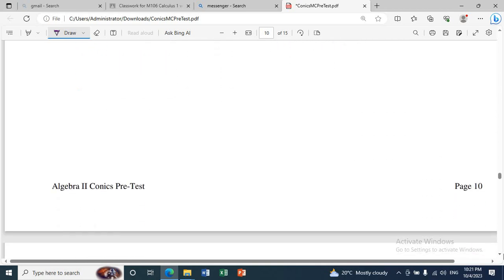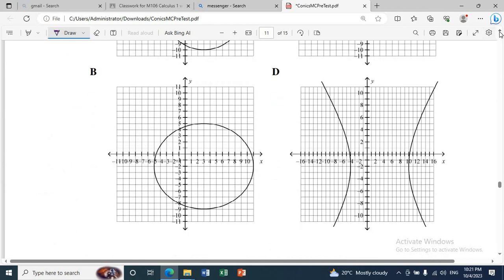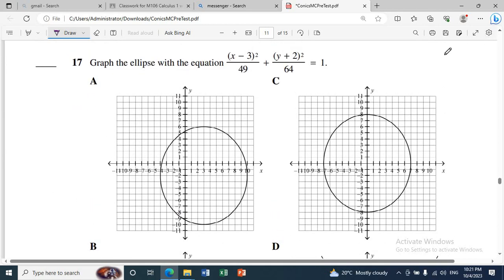Next, number 17 question. Graph the ellipse with the equation. So it's an ellipse. Now we just have to look for the major axis, which is 64. The center should be 3, negative 2. It's on quadrant 4. So this is possible.